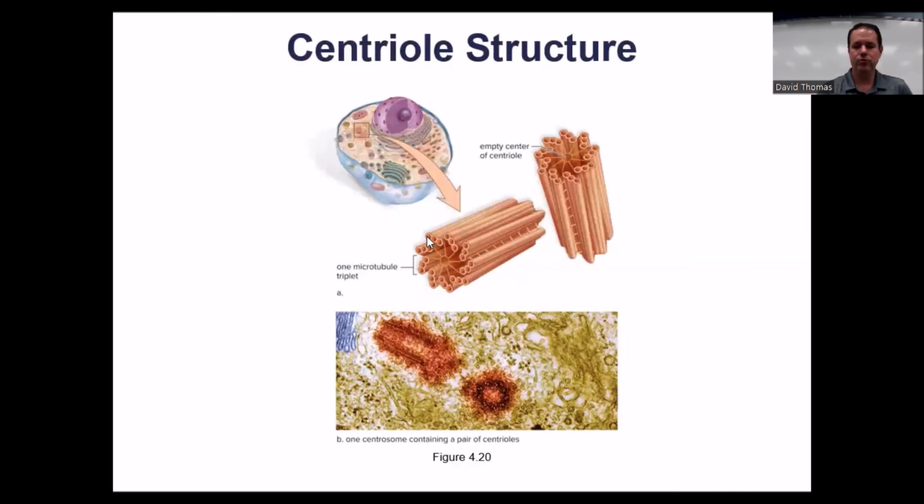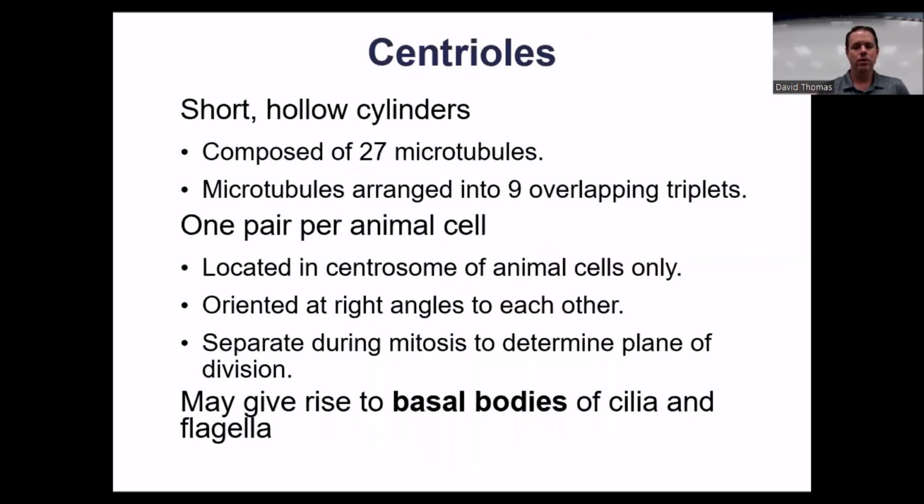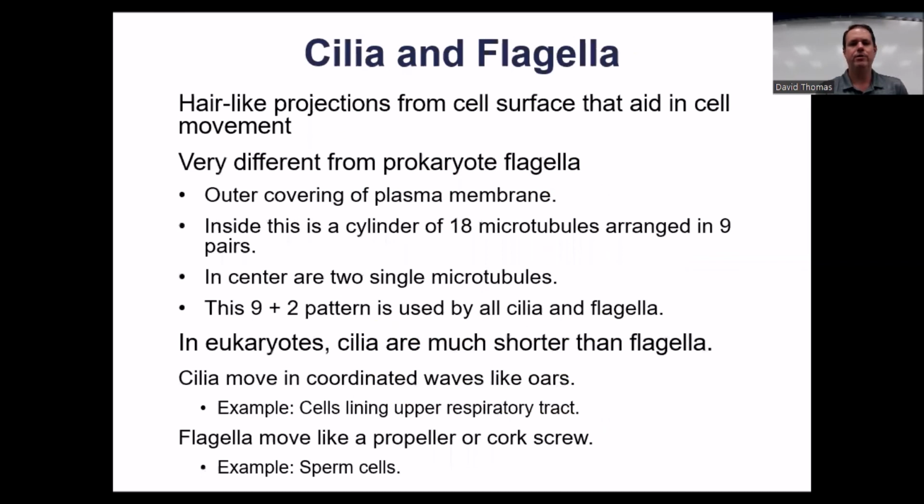So you have a total of 27 microtubules that all come together to form that centriole. We'll talk more about centrioles because these are used in cell division, and we'll see this in a later chapter as well.